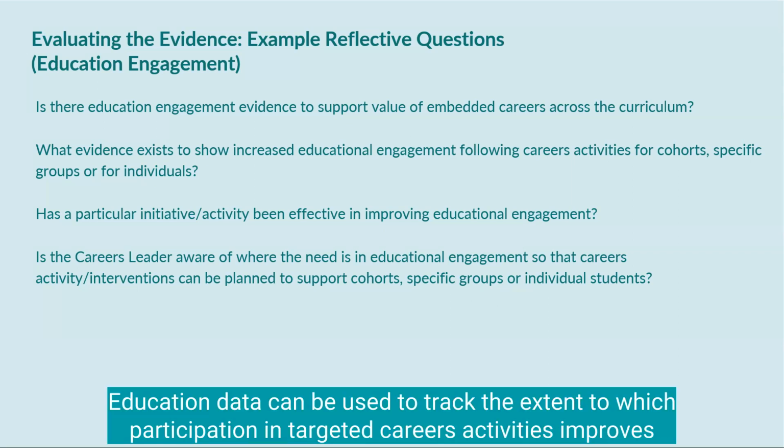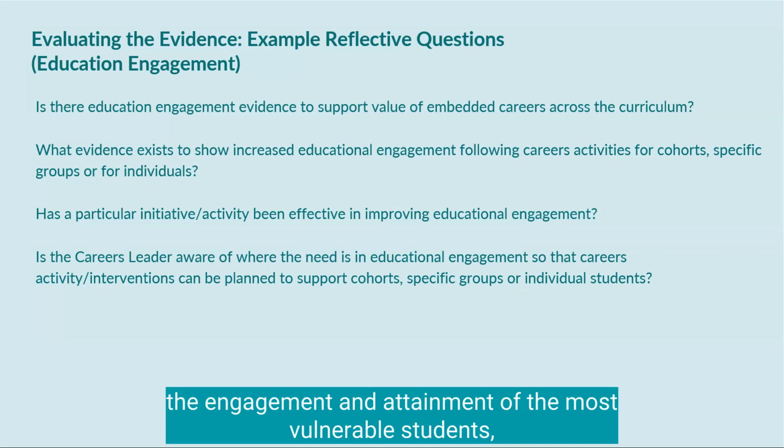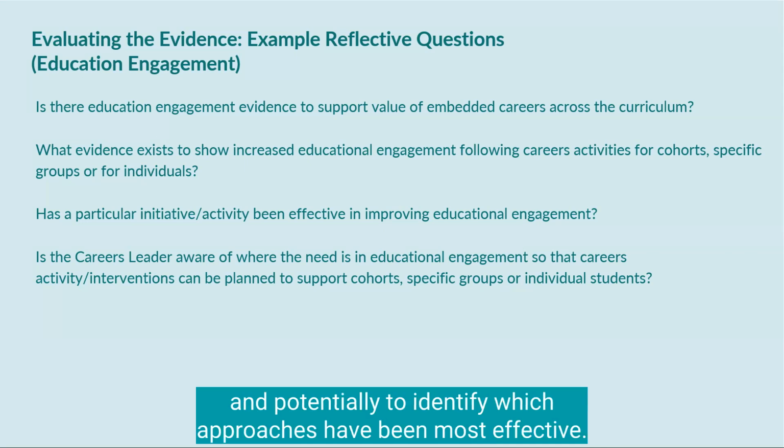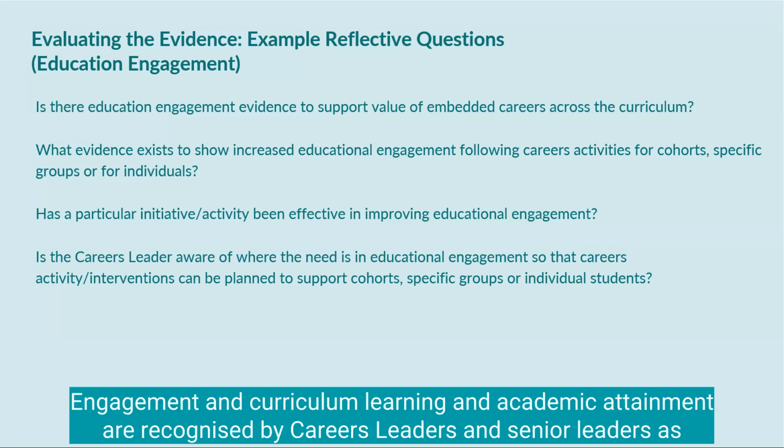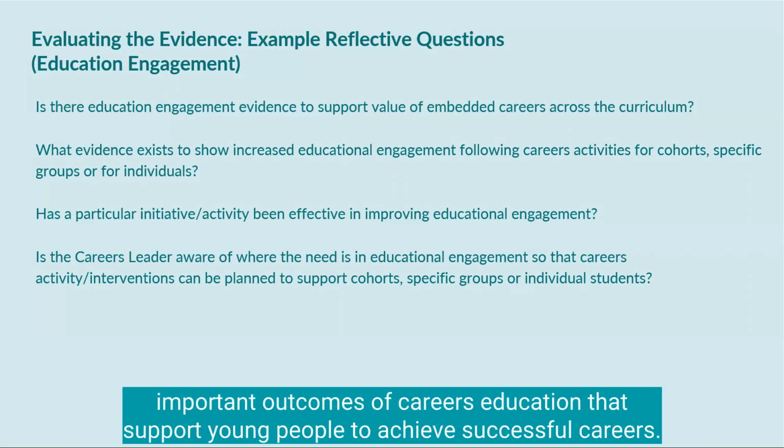Education data can be used to track the extent to which participation in targeted careers activities improves the engagement and attainment of the most vulnerable students, and potentially to identify which approaches have been most effective. Engagement in curriculum learning and academic attainment are recognised by careers leaders and senior leaders as important outcomes of careers education that support young people to achieve successful careers.